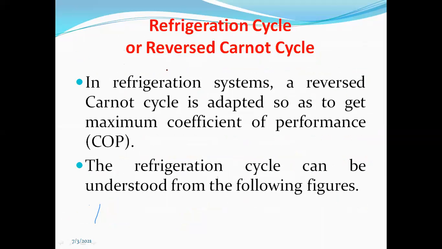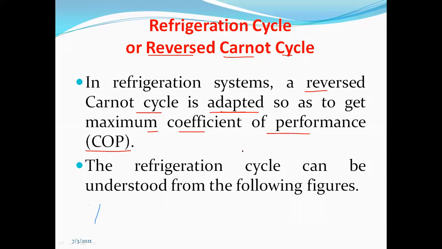In case of the refrigeration cycle, also called the reversed Carnot cycle, in refrigeration systems a reversed Carnot cycle is adopted so as to get maximum coefficient of performance, COP. COP stands for coefficient of performance. The reversed Carnot cycle is followed so as to get maximum COP.